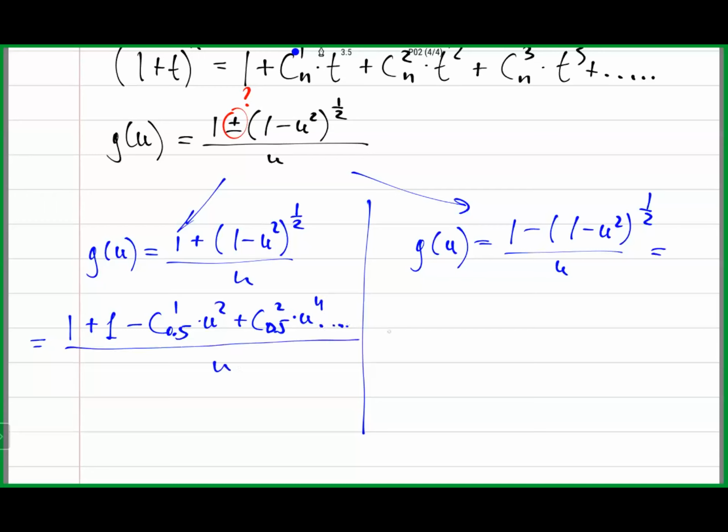In the second case, we will get 1 minus 1 plus c(1/2, 1) u squared minus c(1/2, 2) u to the power 4 plus and so on, divided by u.